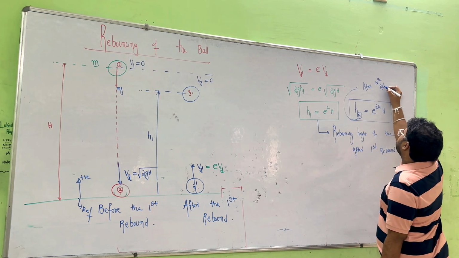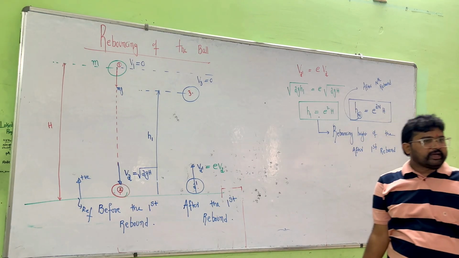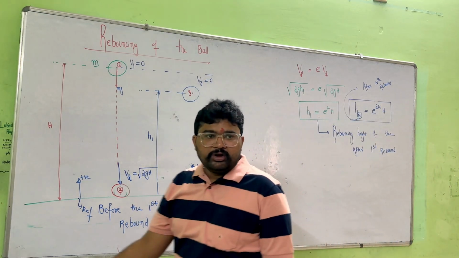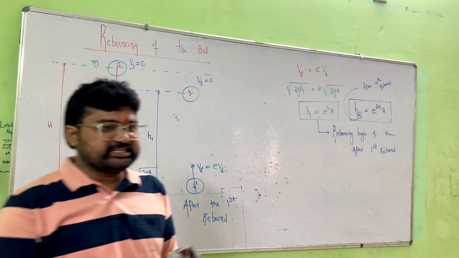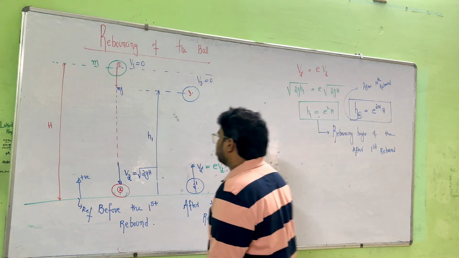Okay now, after the first rebound, up to what height will it reach? Clear? Understood?